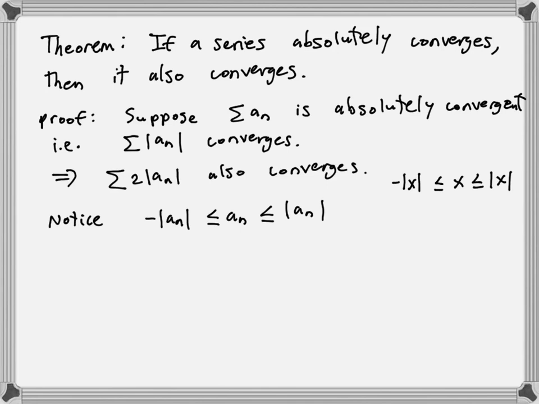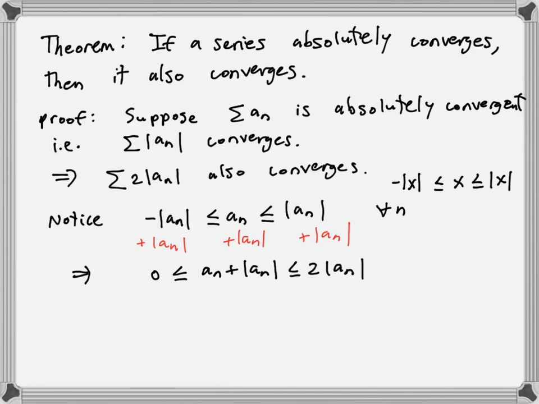So what I'm going to do is add the absolute value of a_n to this inequality. This is true for all n, so this implies that 0 is less than or equal to a_n plus the absolute value of a_n, which is less than or equal to 2 times the absolute value of a_n. Now, why did I do this?